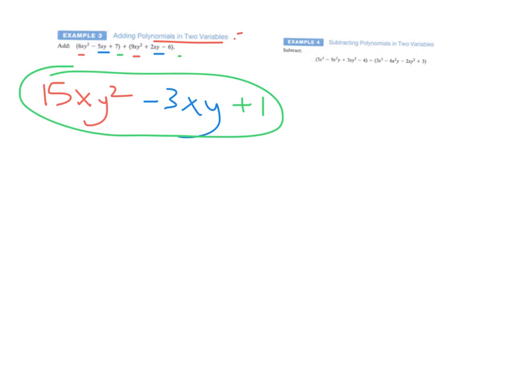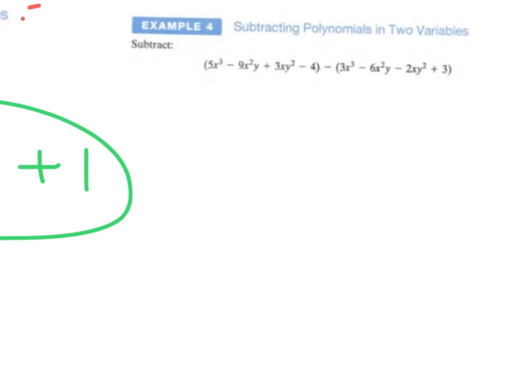Subtracting is not any different. We still are going to do like terms, so we have an x cubed here and x cubed here. The difference is all of these must change signs, and I'm going to add. So I have a -3 and a 5, which gives me a 2x cubed. I have a -9x squared, and now this is a positive, so it's a -3x squared y.